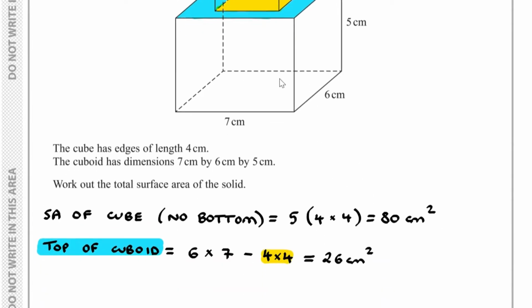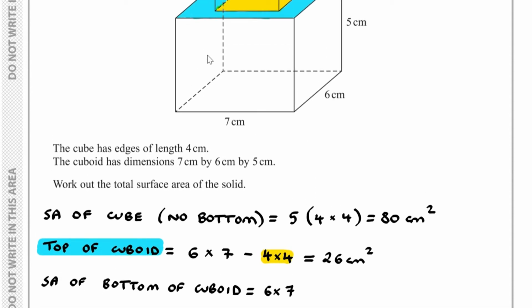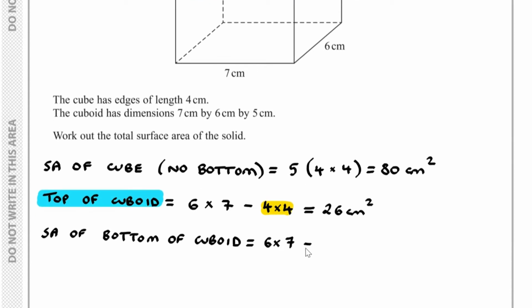So now what we can do is find out the surface area of the bottom of the cuboid. That will equal 6 times by 7, and what we also have is the front and back.